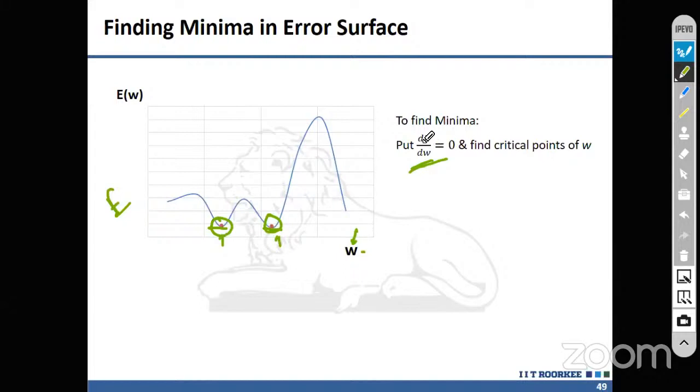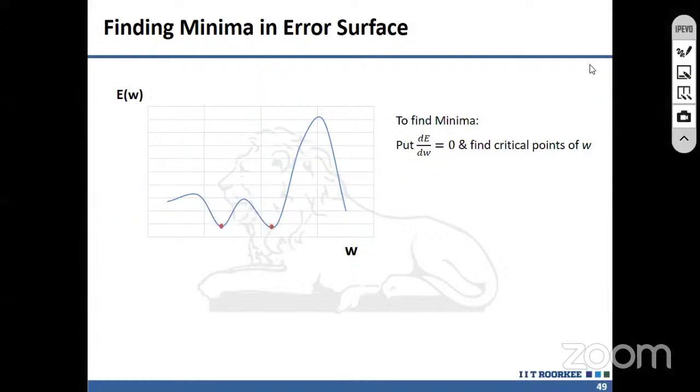I have the error, which is dependent on W1, W2, W3, all these weights. Then I have to take the partial derivative with respect to each of these W, and check where I am getting the derivative as zero. Whenever I get the derivative zero, that point is the minimum. That we have to find out.